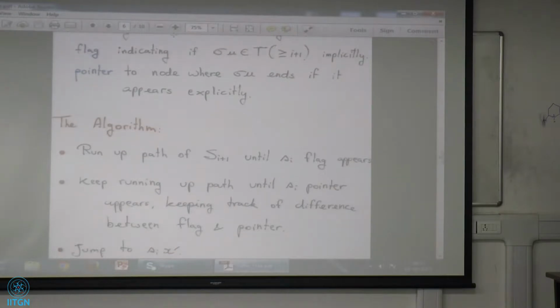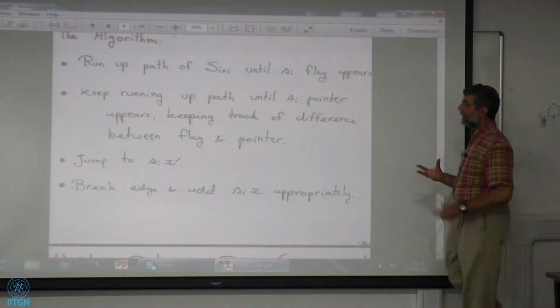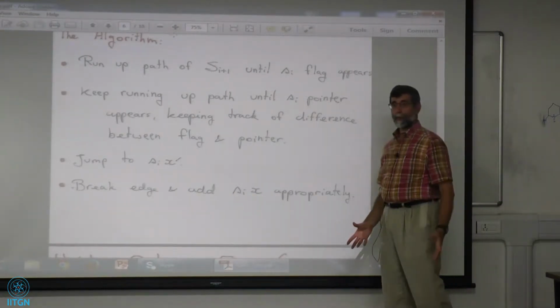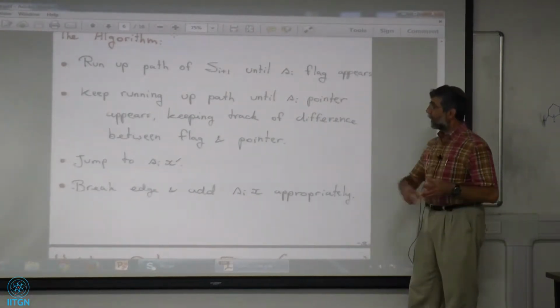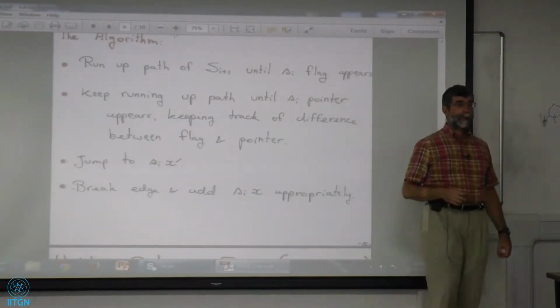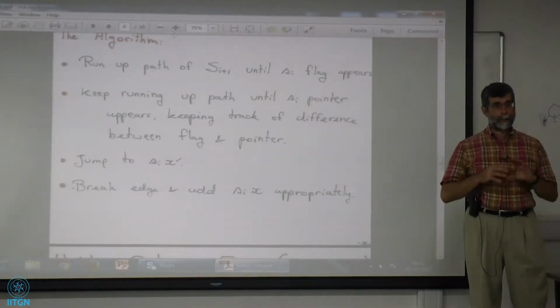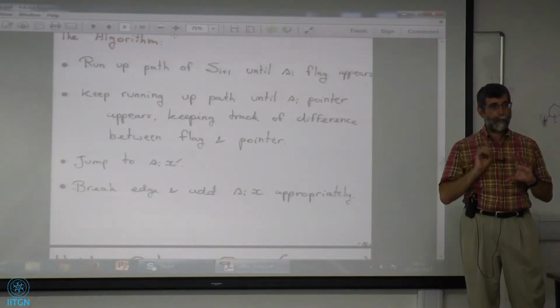Okay, so we have these flags and pointers, and our algorithm is going to say the following. We added Si+1 to the tree. Good. So run up the path until you find the Si flag.